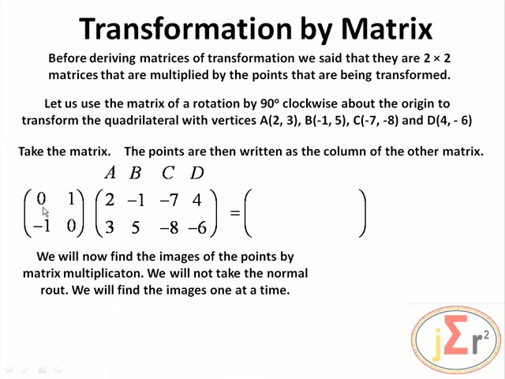So remember, when we were doing our matrix multiplication, we took this row and multiplied all the columns. This time we are not going to be doing that. This time we are going to multiply this row by this column. So the top with the first, and the result is going to go to the top, in the first position there.